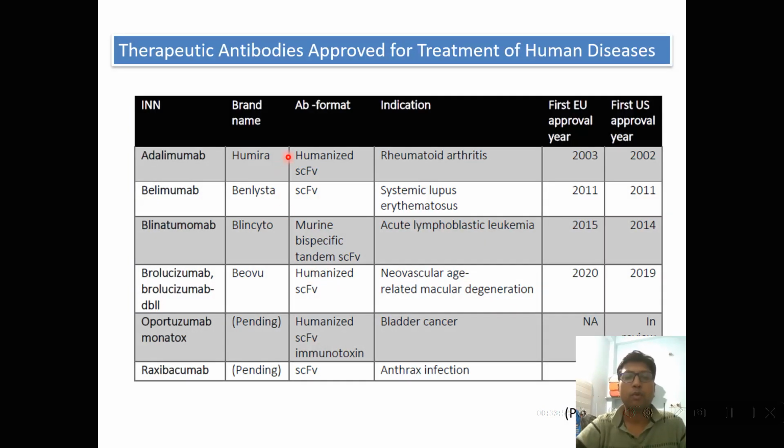These are a few antibody fragments which are responsible for the treatment in humans of rheumatoid arthritis, systemic lupus erythematosus, acute lymphoblastic leukemia, then neovascular age-related macular degeneration, bladder cancer, and anthrax infection. And these all are approved in England and America.